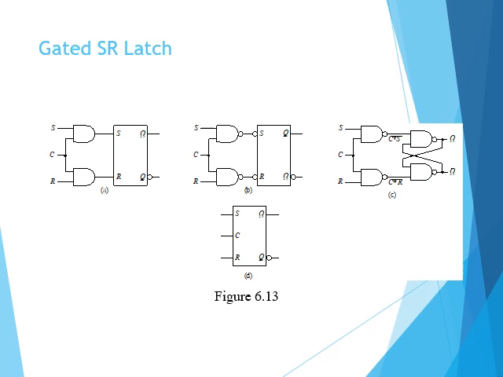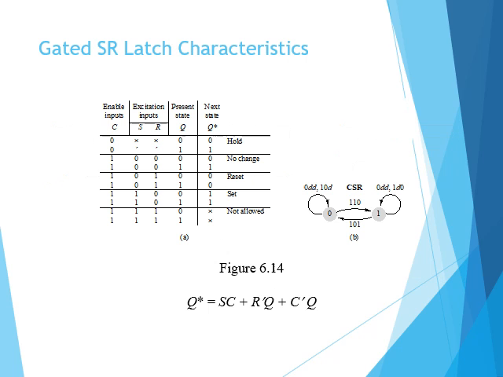Next, the gated SR latch is shown here. The gate is also shown, and after that the SR latch. This is the latch, and here the gated structure is shown. After that, the gated SR latch truth table is shown.